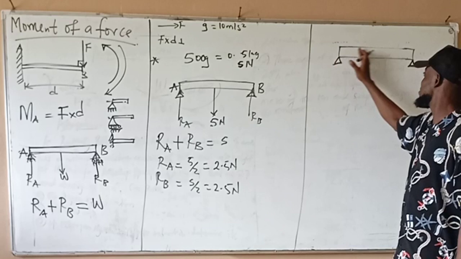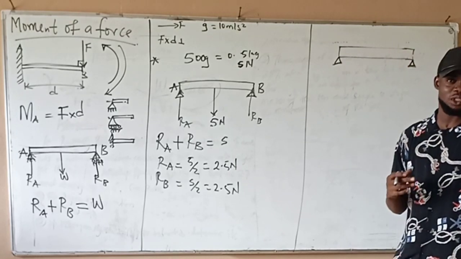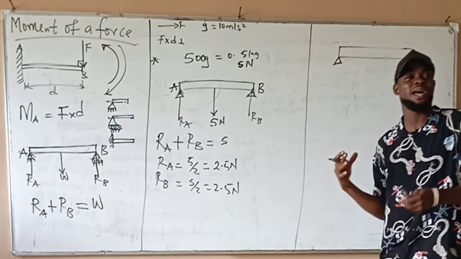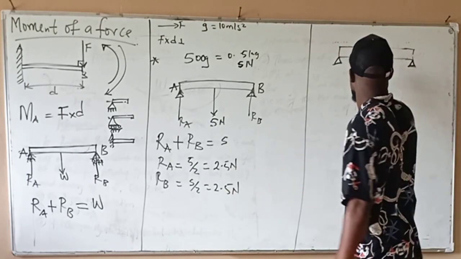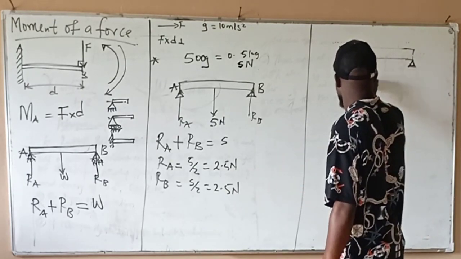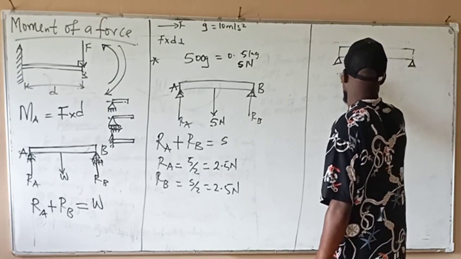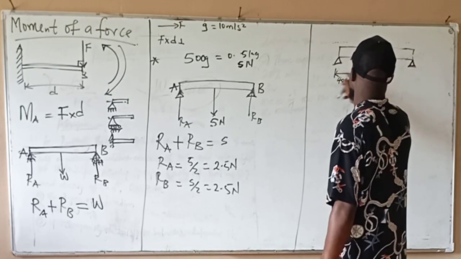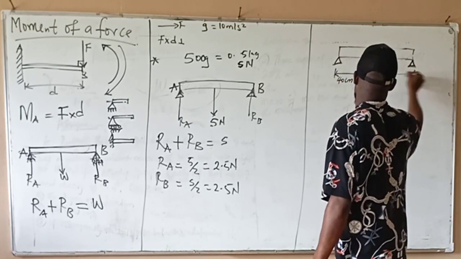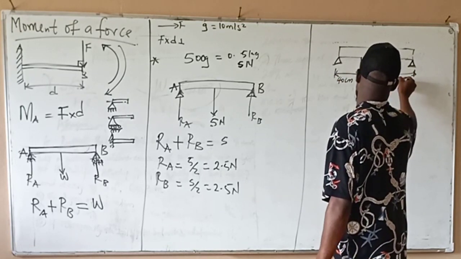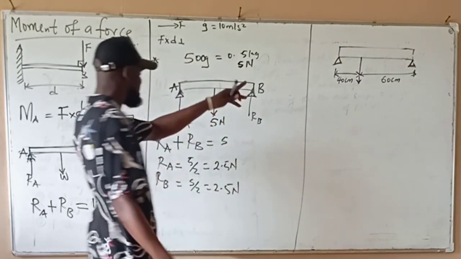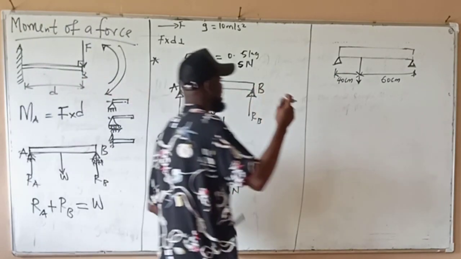The beam is not uniform, like one part is heavier than the other. Now, the other day we discovered that the weight of the beam was not at the center, but 40 cm to the right and 60 cm to the left. Will the reactions be the same? No, because it's not at the center. It's not symmetrical about both sides.